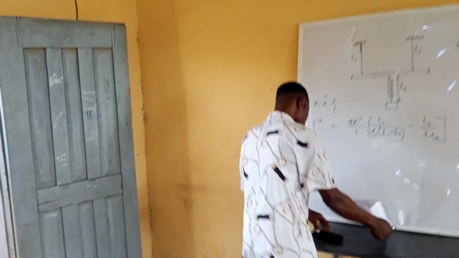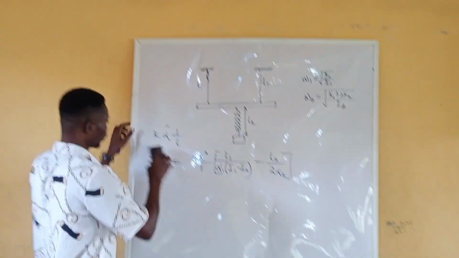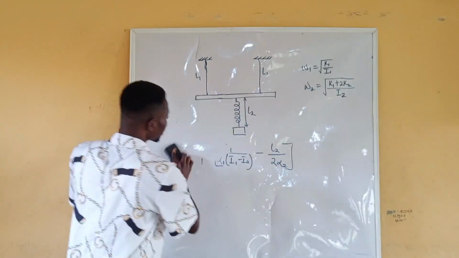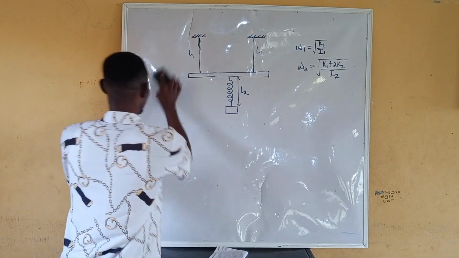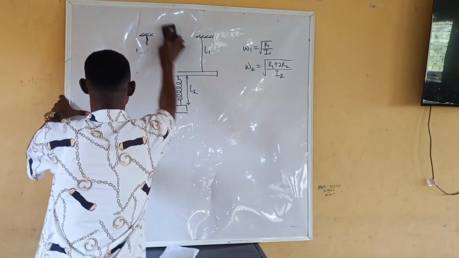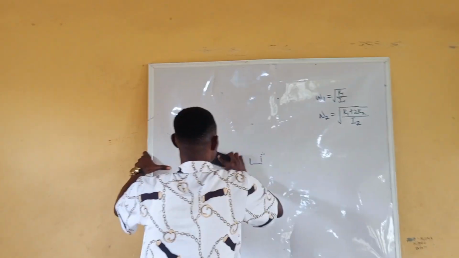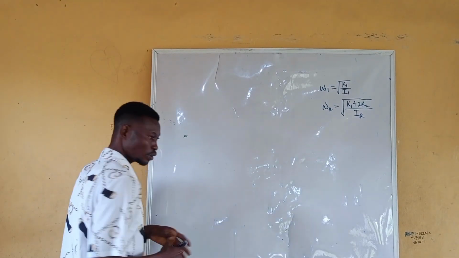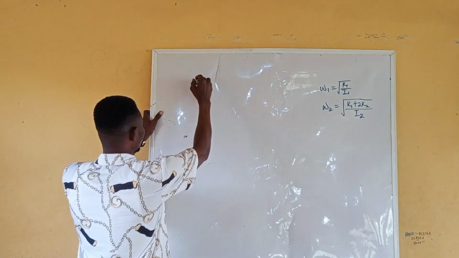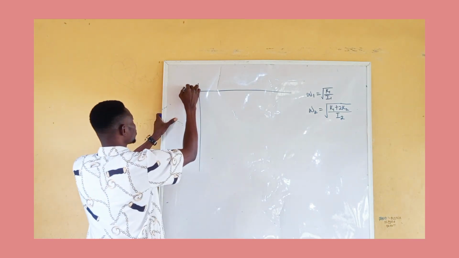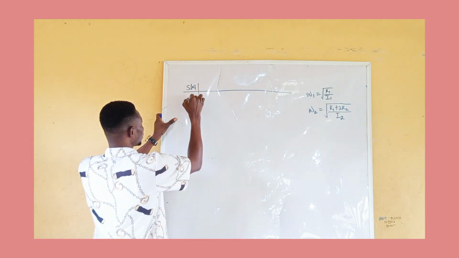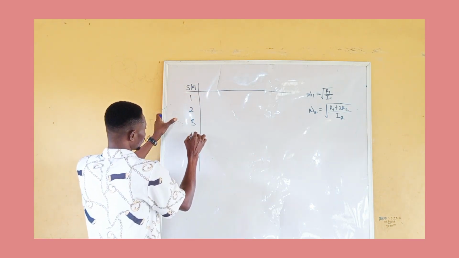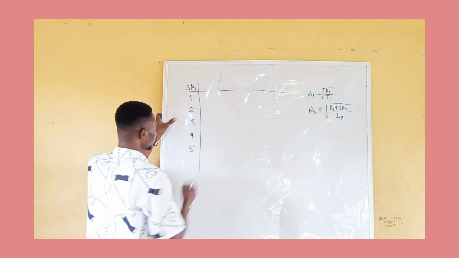You should have a table that looks like this. I have serial number, maybe 1, 2, 3, 4, 5, as the case may be.